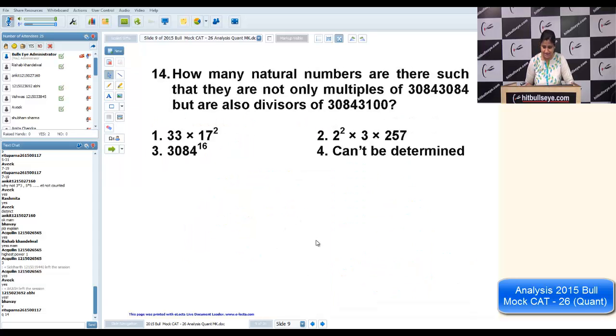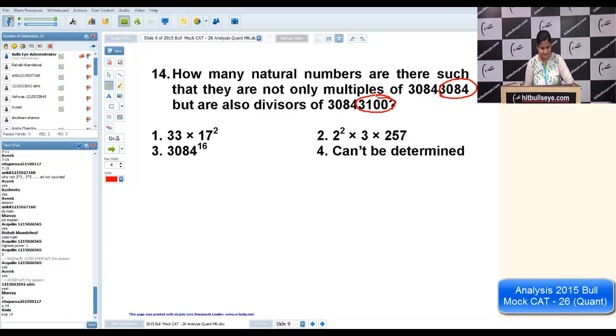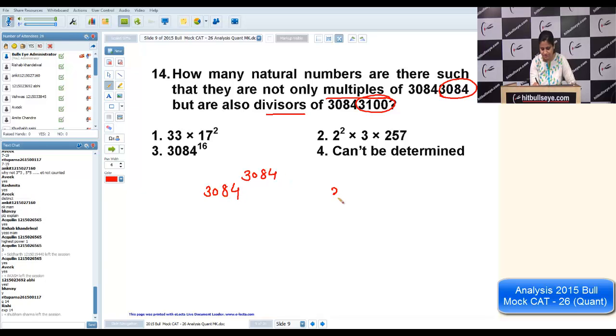There is a mistake in the typing, I think. It should be in power. Yes, Rituparna. Yes, Rishi. How many natural numbers are there such that they are not only multiples of, now see the words, multiples and divisors, 3084 raised to 3084, that is the first number.